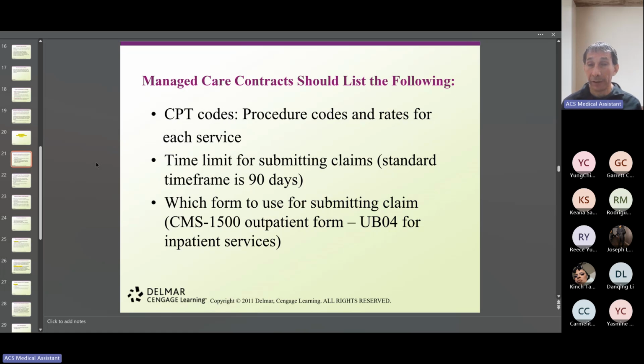Well, not right away, but at least within a week, versus mailing them and completing them, which takes a long time. So if you take more than 90 days for billing this patient, this insurance company actually can deny the payments for those procedures or services, whatever the case may be.